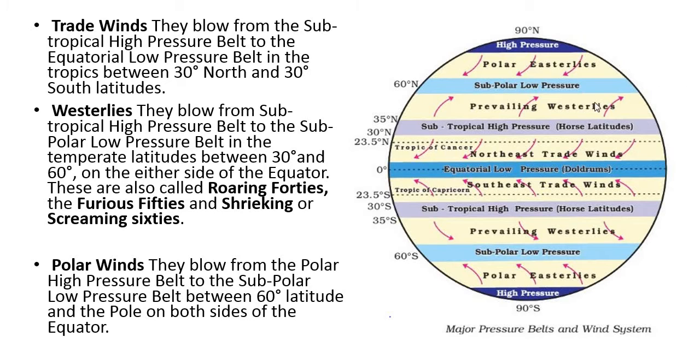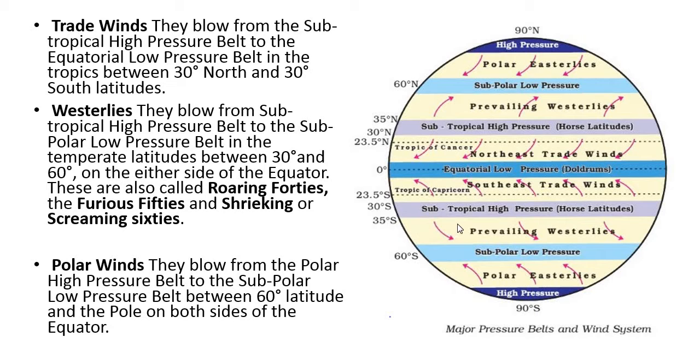Here this is the westerlies in both the hemisphere. They are moving from subtropical high pressure to subpolar low pressure belt in both the hemisphere.